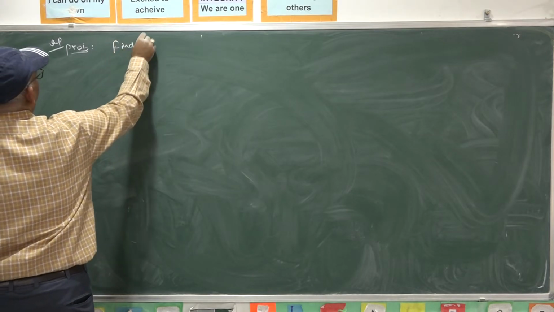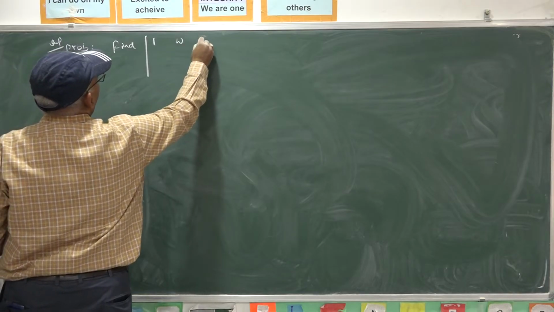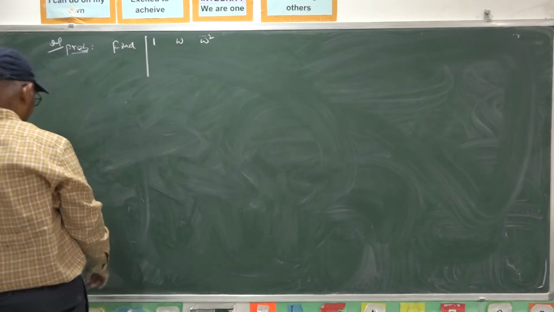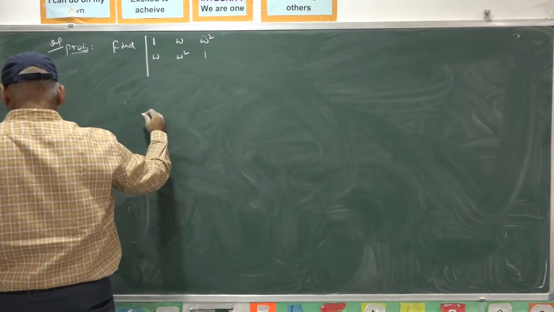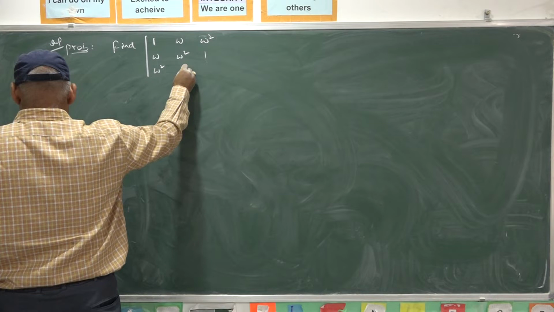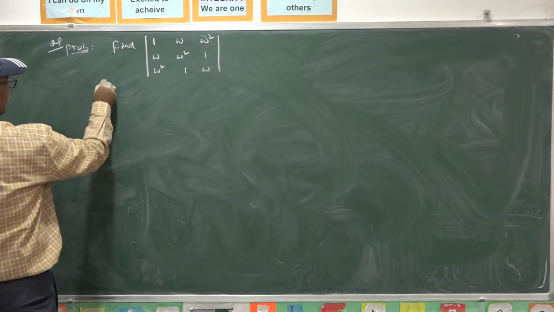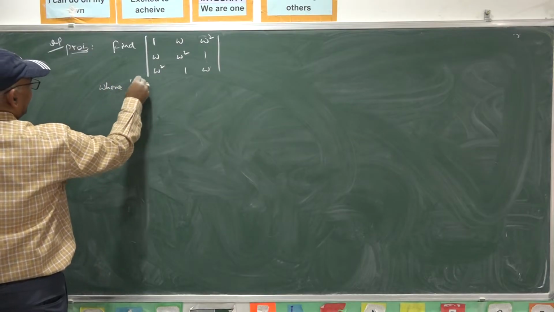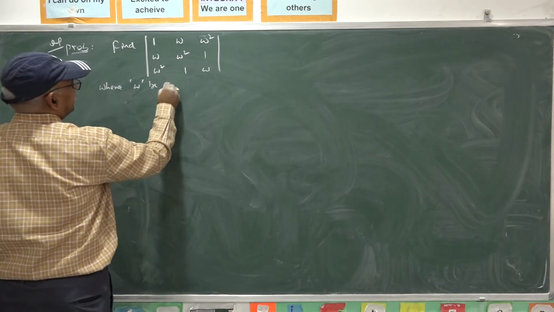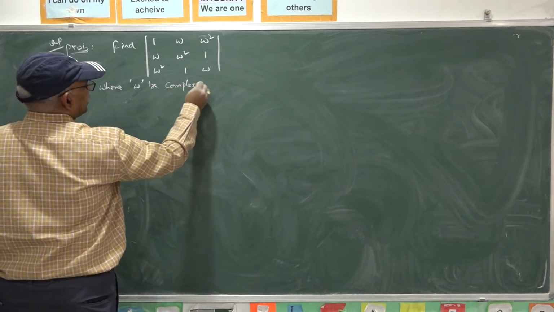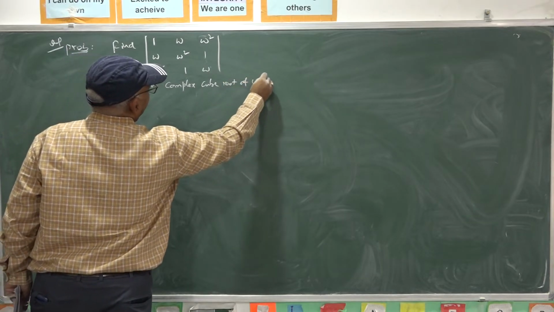Find the value of the determinant 1, omega, omega square; omega, omega square, 1; omega square, 1, omega, where omega is the complex cube root of unity.